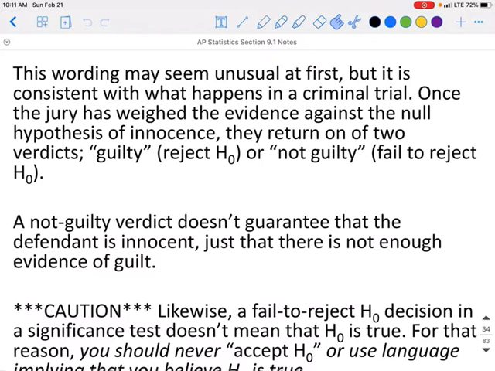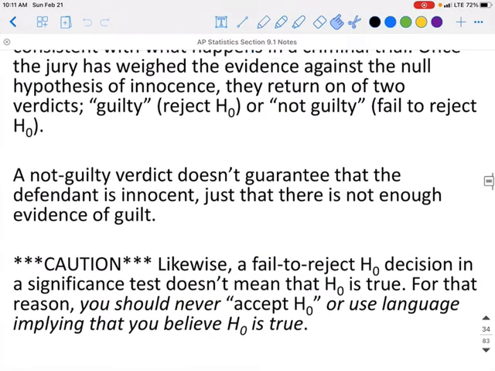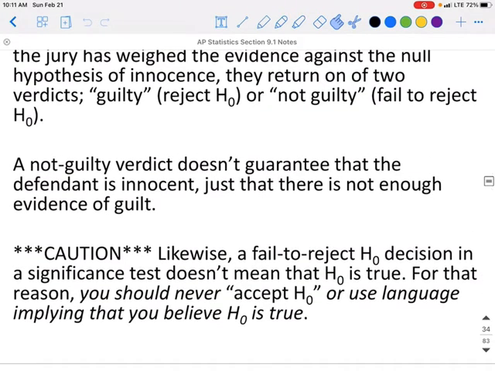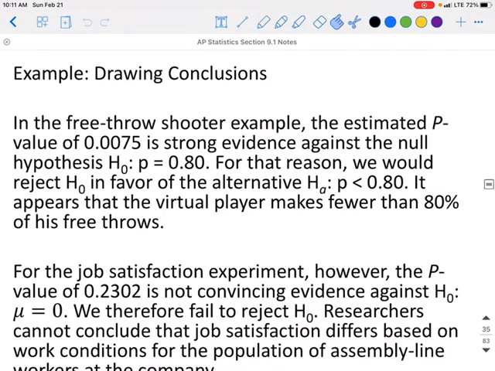A not guilty verdict does not guarantee that the defendant is innocent, just that there is not enough evidence of guilt. Likewise, a fail to reject H sub 0 decision in a significance test doesn't mean that your null hypothesis is true. For this reason, we should never use the terminology that we accept H sub 0. You should always say that we fail to reject H sub 0.